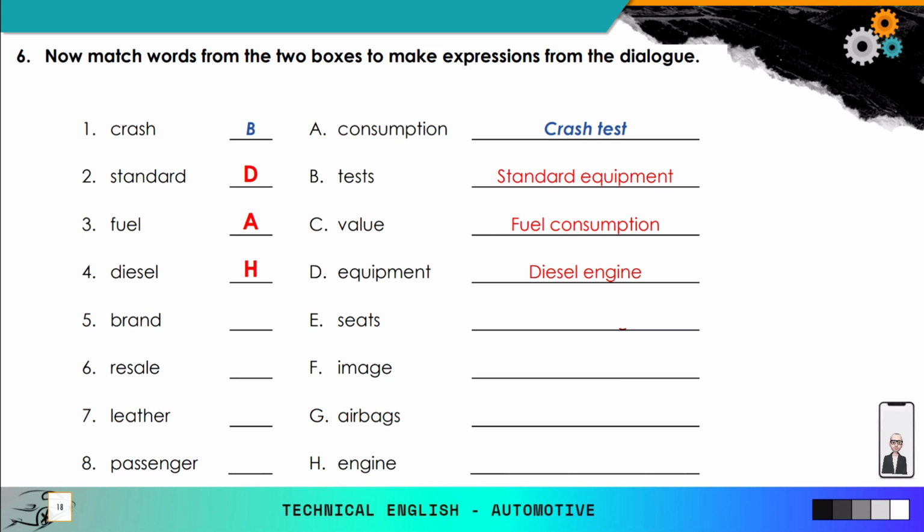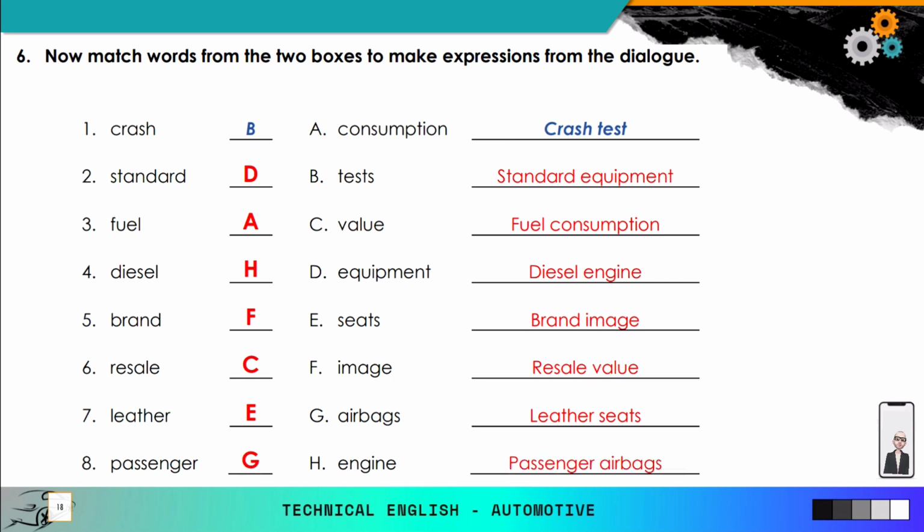Brand would be with F, brand image. Okay, what people think of a certain brand, that's the brand image. Resale will go with value, resale value, how much money you can expect to get for a car when you want to sell it. Leather will be leather seats, and passenger airbags is the last one.